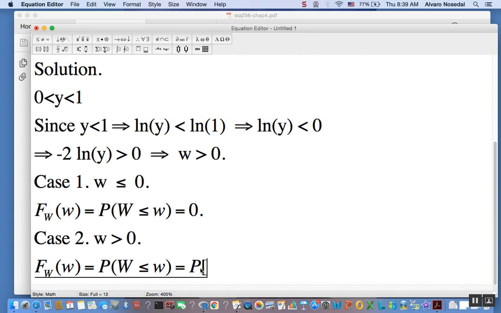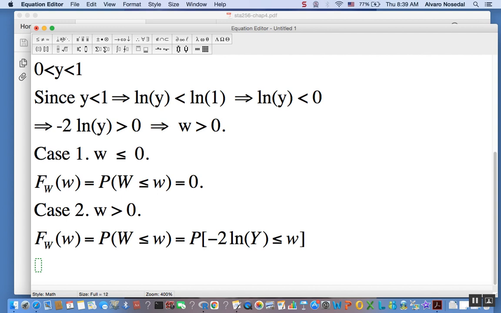But now what we're going to use is the fact that W happens to be -2 times natural log of Y, the original random variable, less than or equal to some number. So what do we do next?